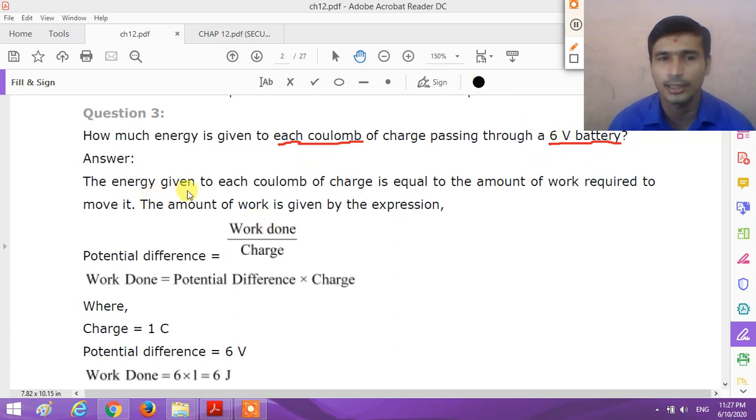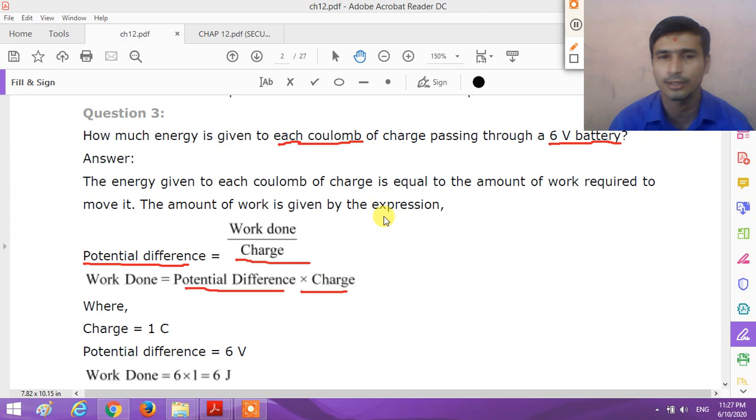So the energy given to each coulomb of the charge is equal to the amount of work required to move it. By the definition of the potential difference, the potential difference is equal to work done divided by charge. From this, the work done is equal to potential difference into charge. We know that formula.